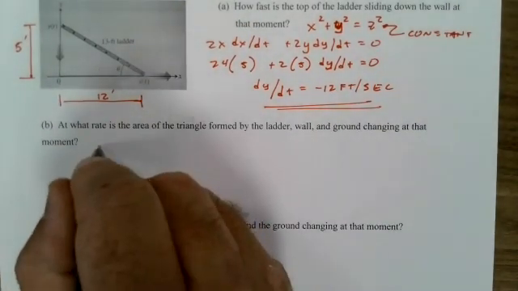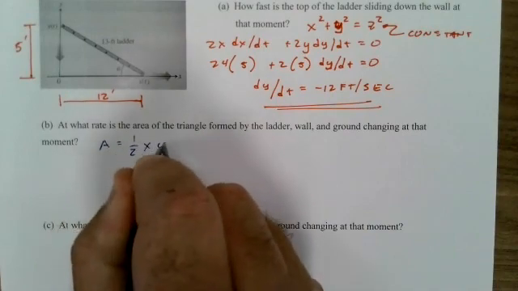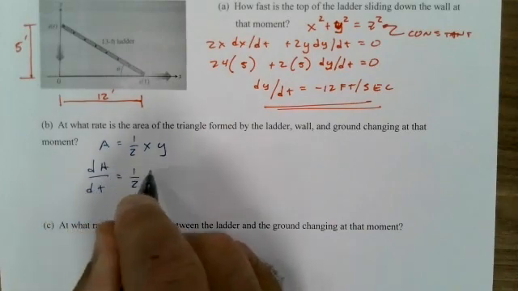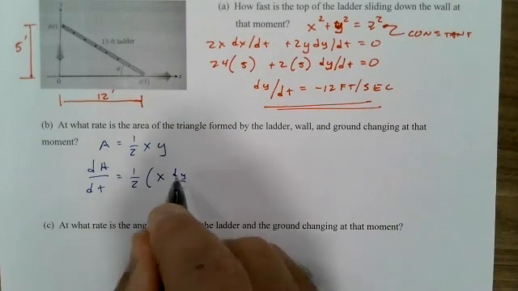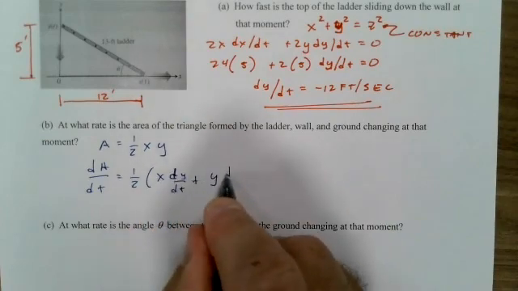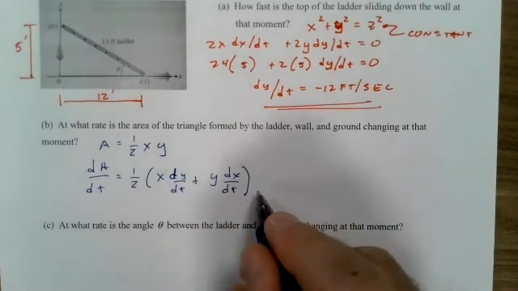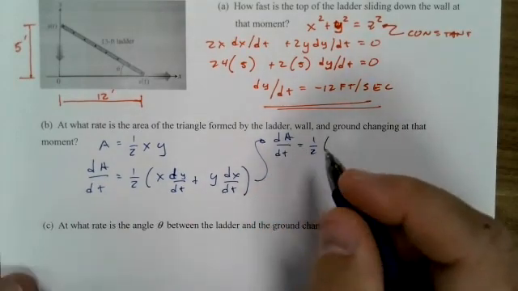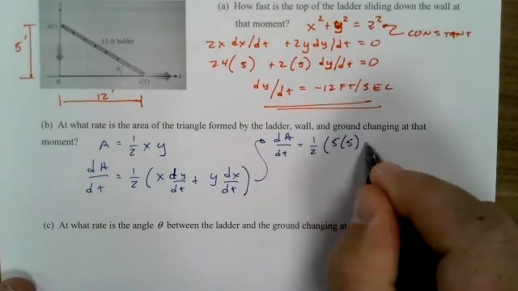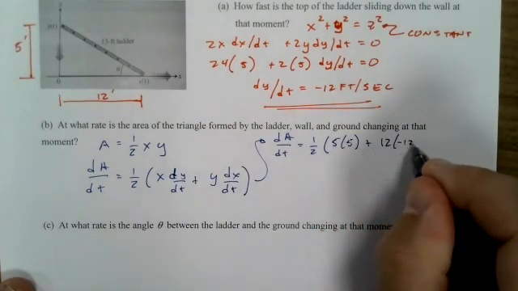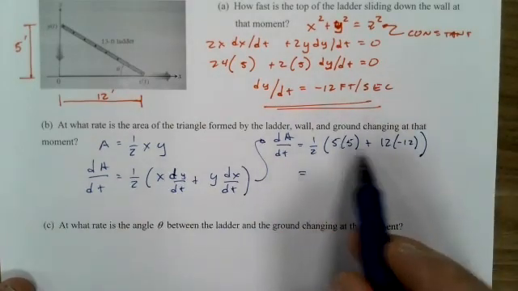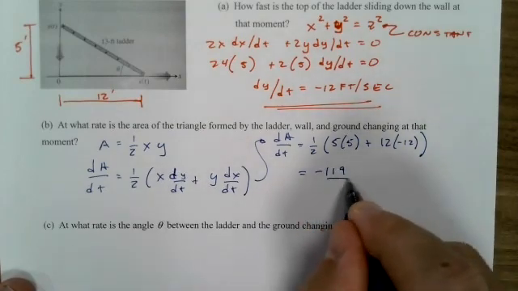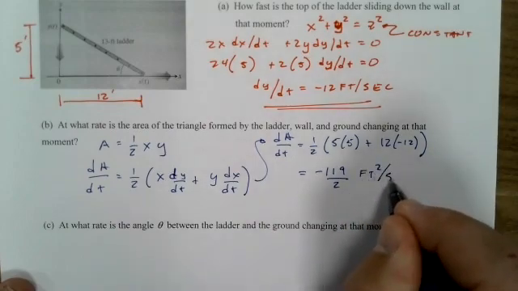So area is 1/2 xy, and dA/dt, leave the 1/2 out front, is y dx/dt plus x dy/dt, which is 5 times 5 plus 12 times negative 12, which equals 25 minus 144 over 2, negative 119 over 2 feet squared per second.